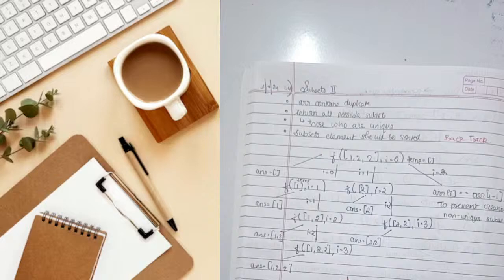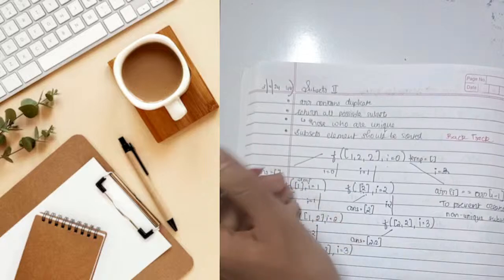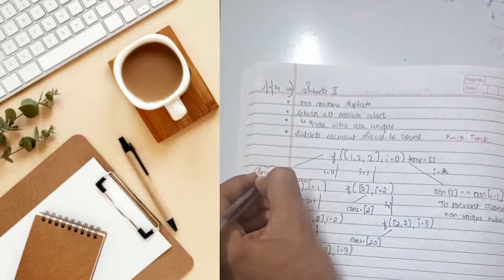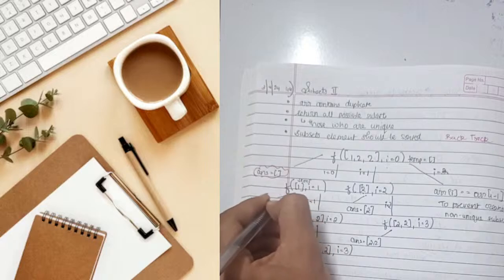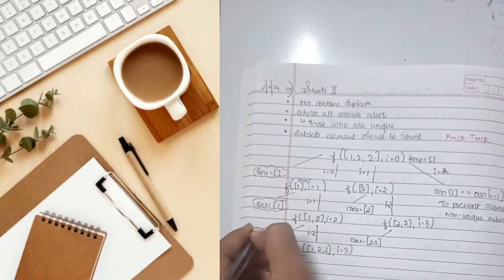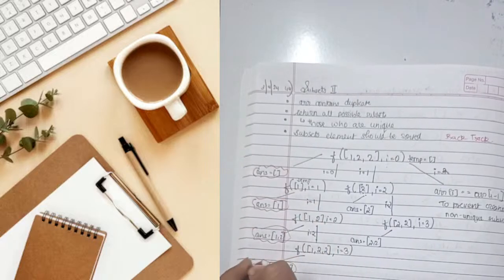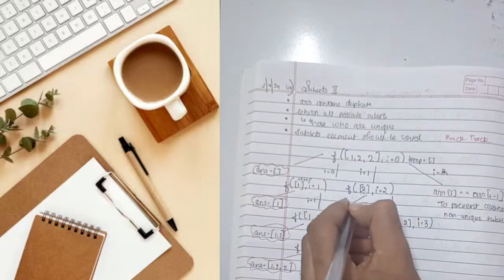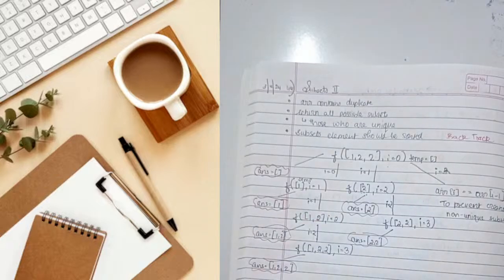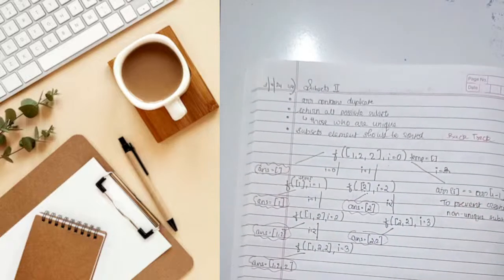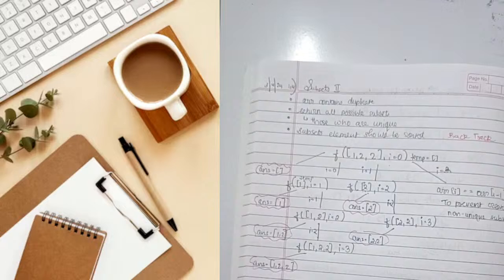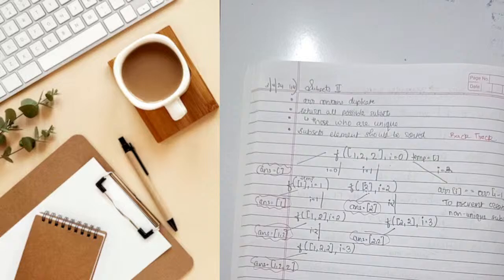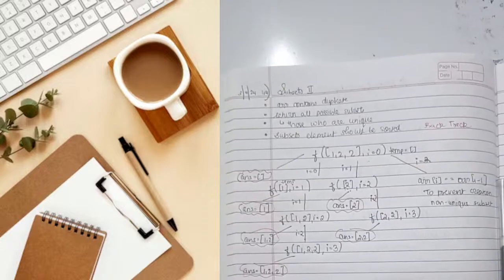But we are removing all the duplicates, which results in the formation of 1, 2, 3, 4, 5 and 6. 6 possibilities. Since we are removing duplicates, we are not getting 2 raised to n completely. But if there were no duplicates, you know what the answer would be.